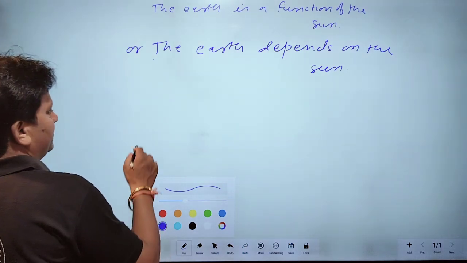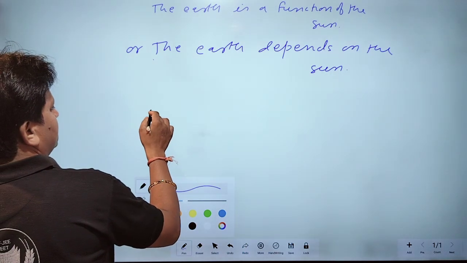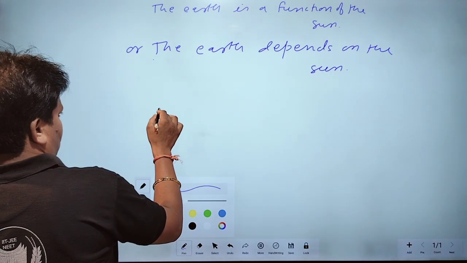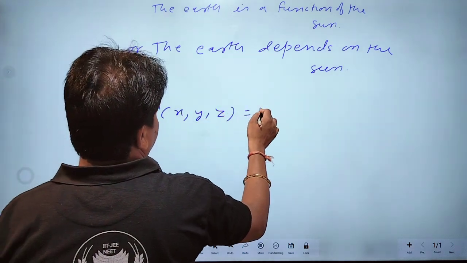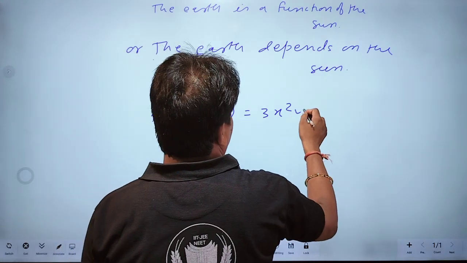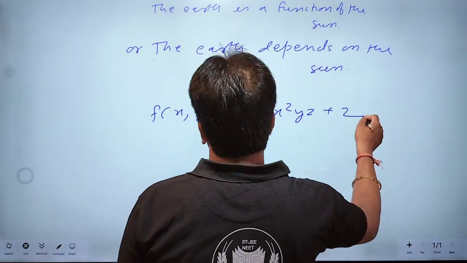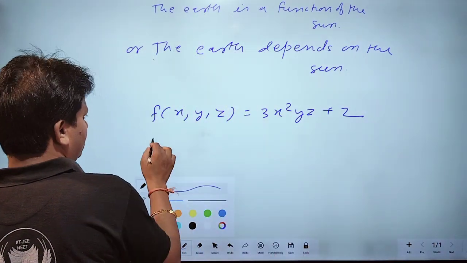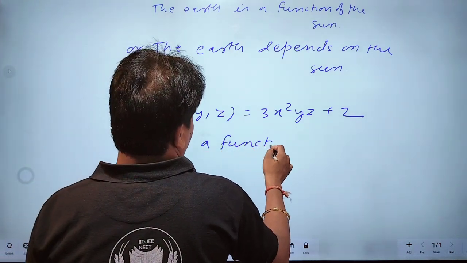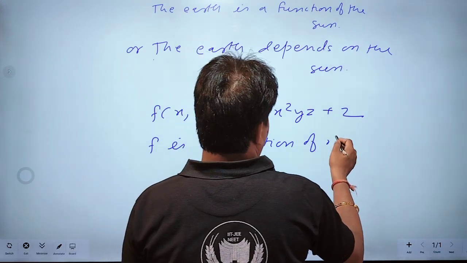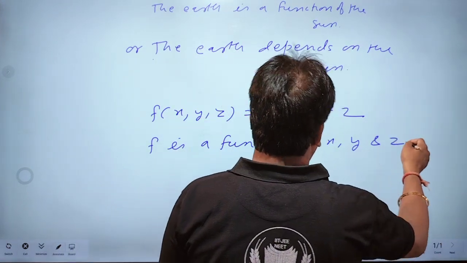Suppose another example such as f(x, y, z). This means that f is a function of x, y, and z. Okay.